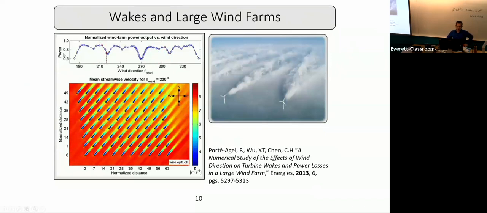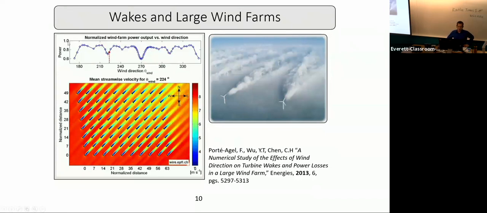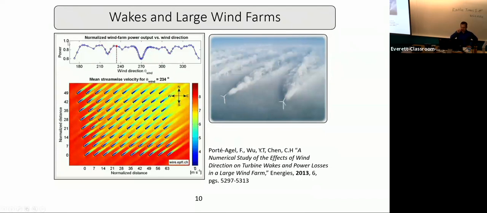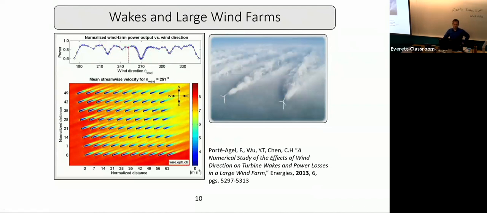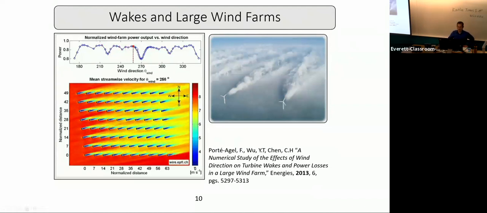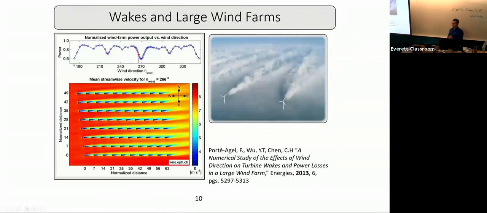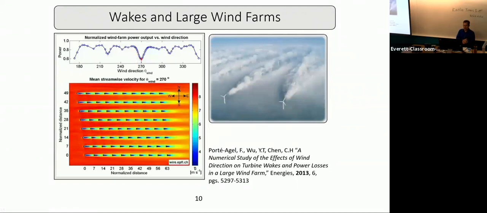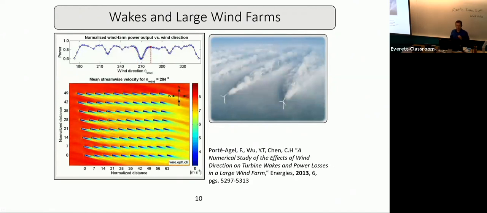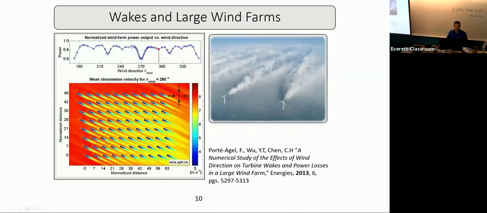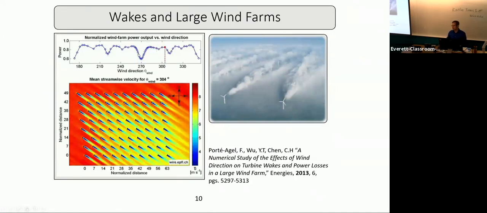On top, if 1 is the maximum power this wind farm could produce, you can see this giant dip where the power the wind farm can produce at a steady wind speed can drop by almost 30% from the wind changing direction by just a few degrees.